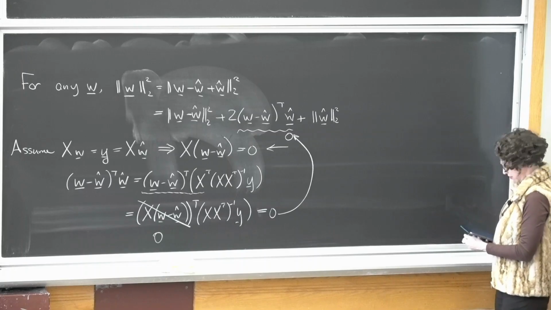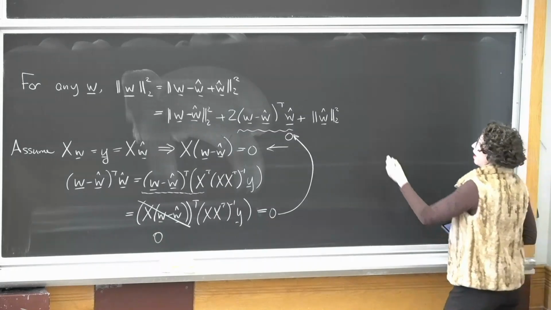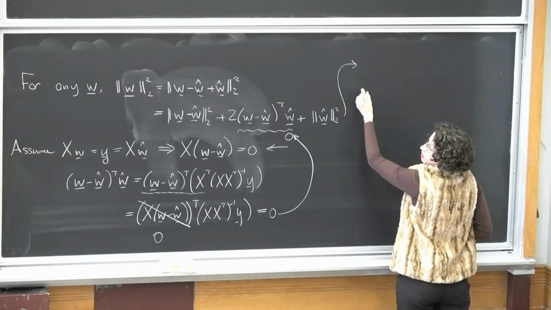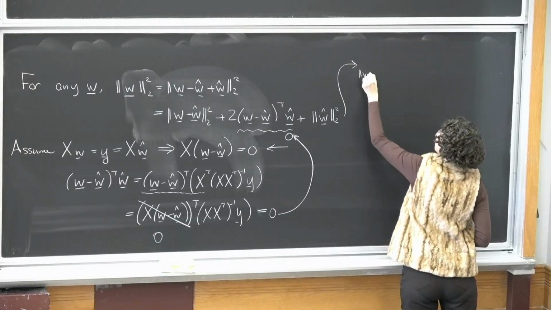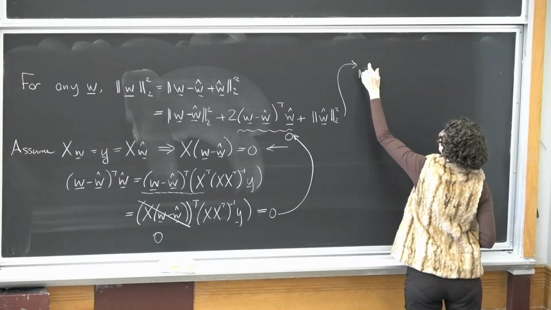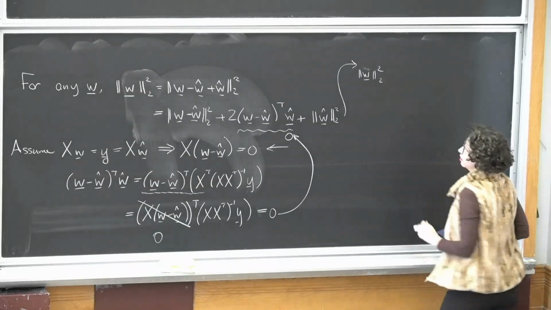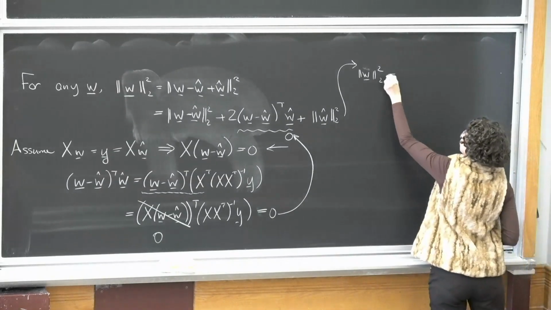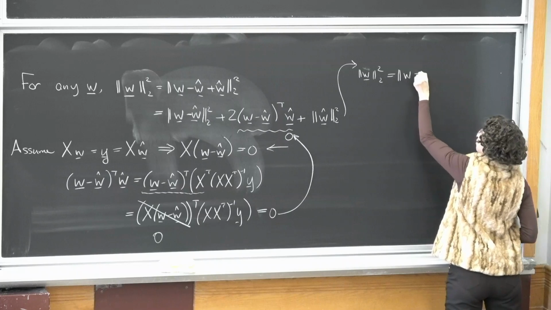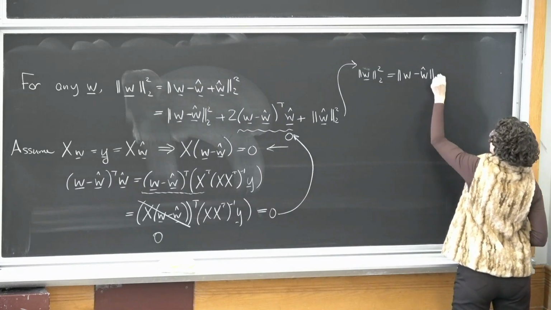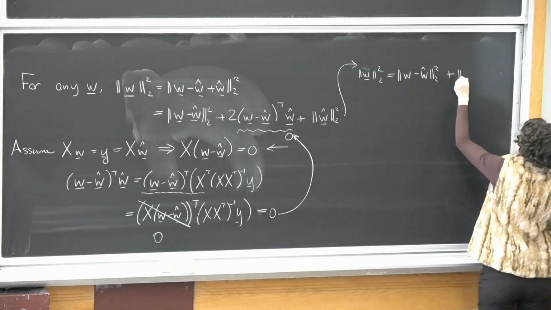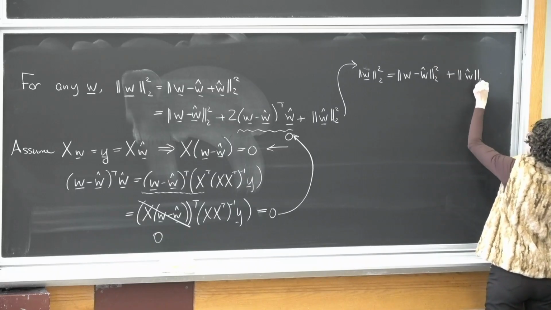So if we put that together, what we have up here is that the 2 norm of w squared is going to be equal to the norm of w minus w hat squared plus the norm of w hat squared.